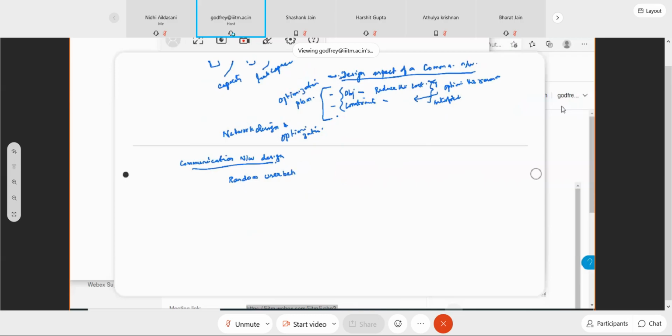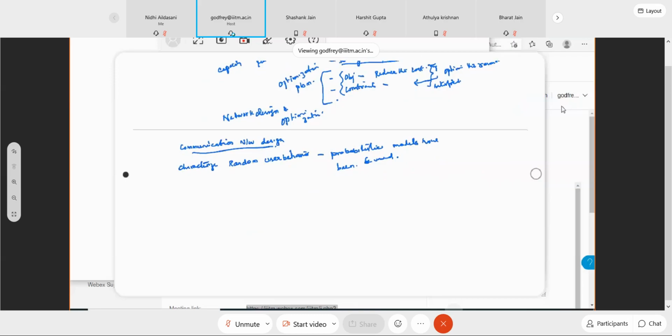In order to characterize random user behavior, what is done is that often probabilistic models have been used. Right?